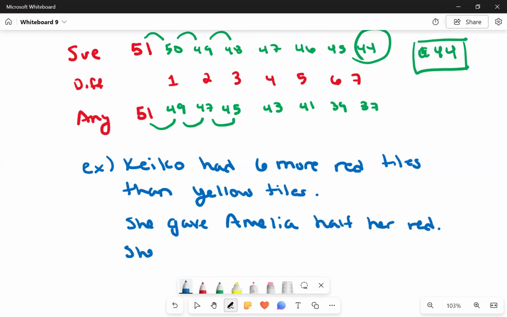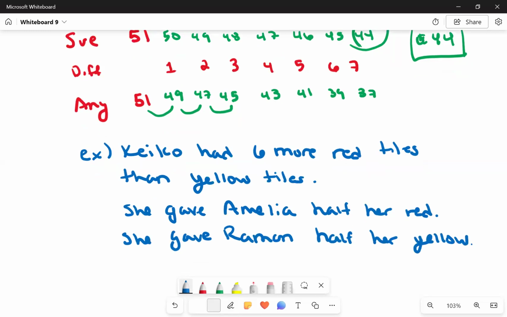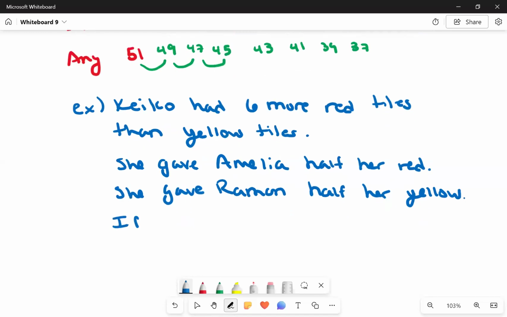And then she gave half her yellow to Ramon. All right. If Ramon has 7 tiles, how many tiles does Kiko now have?